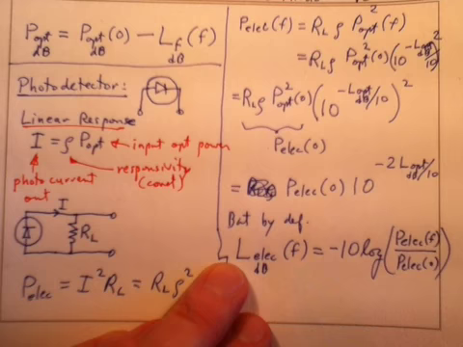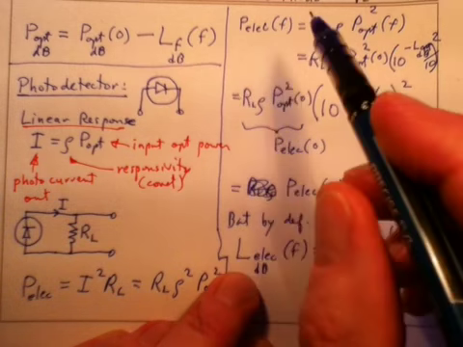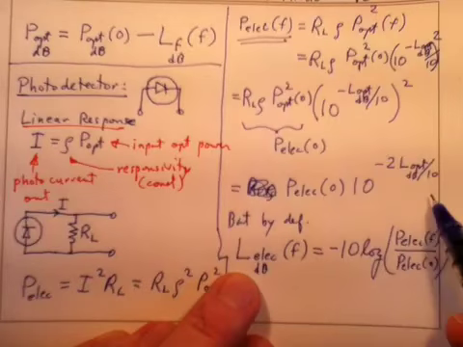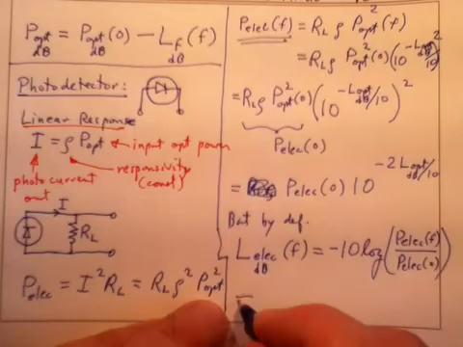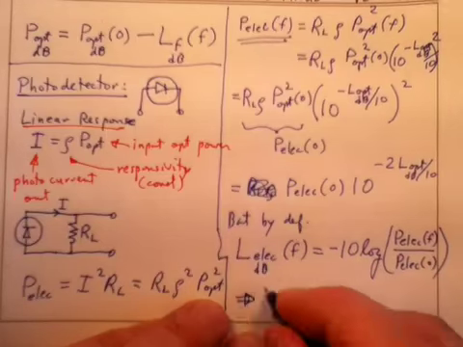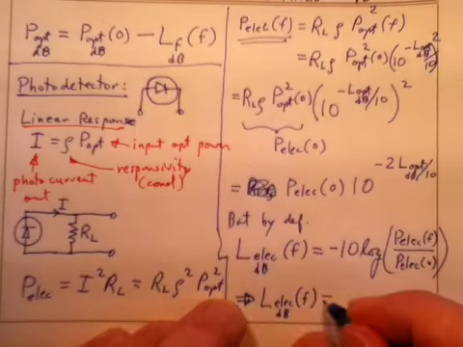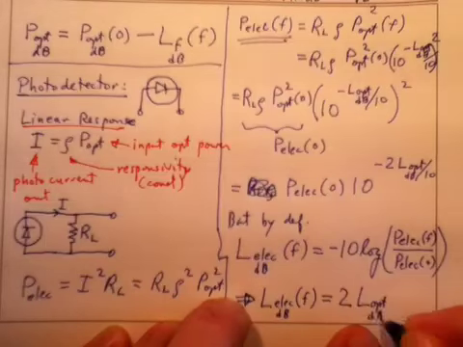We can look at these two equations and see immediately that the electrical dB loss as a function of frequency is simply twice the optical dB loss as a function of frequency.